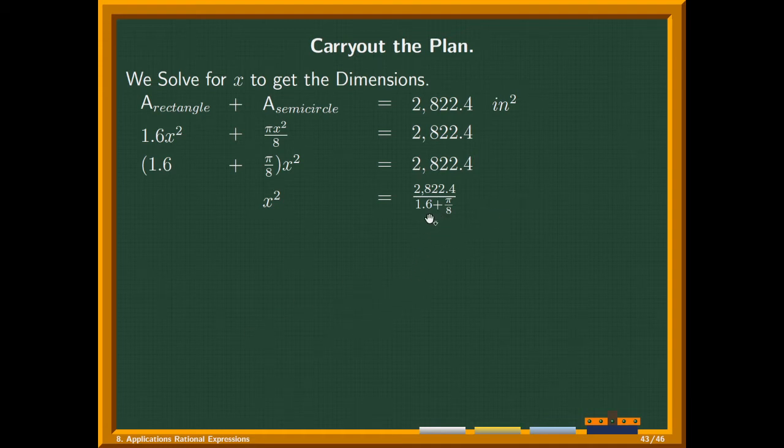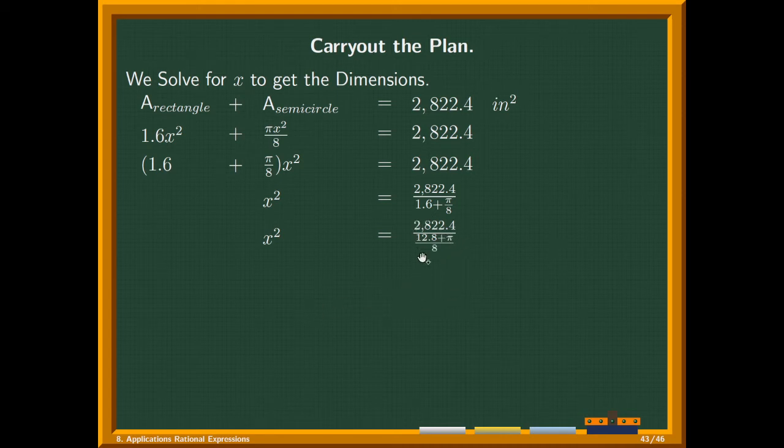So we are going to simplify this complex fraction, the denominator. Multiplying 1.6 by 8 over 8, we have x squared is equal to 2,822.4 all over 12.8 plus pi all over 8.